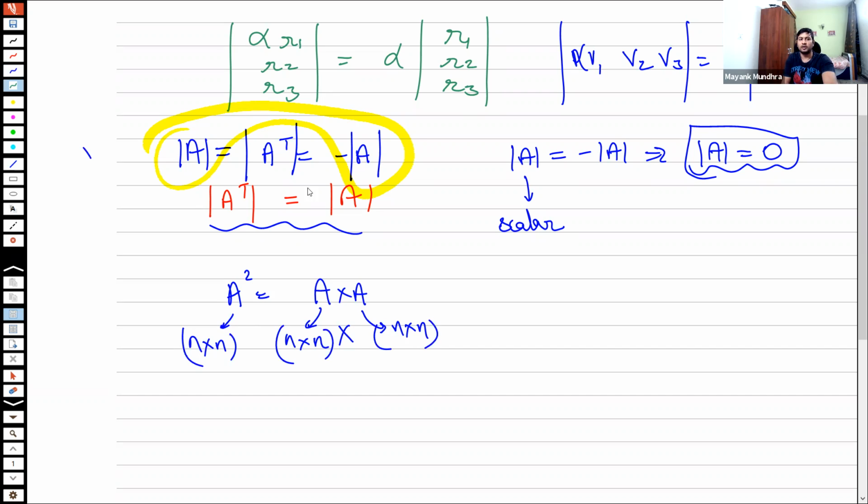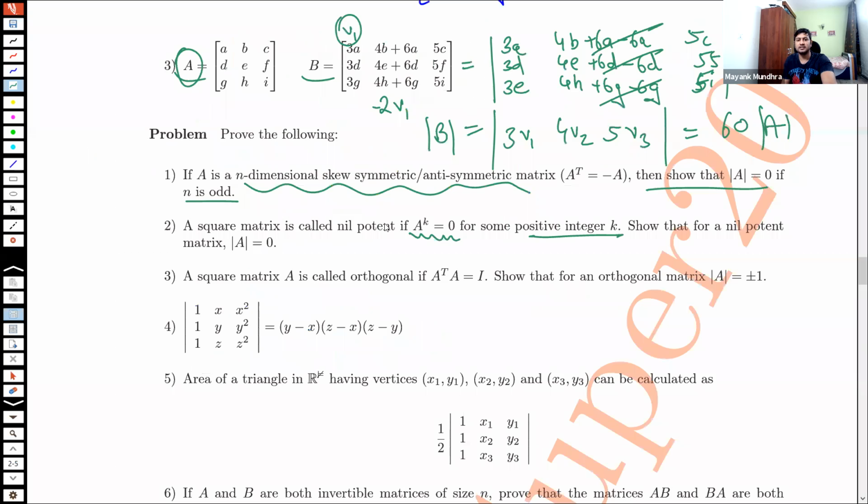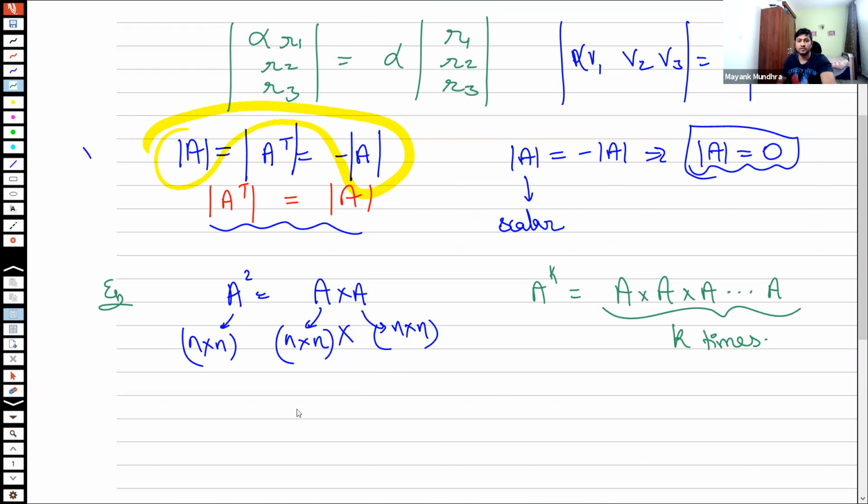Now, A to the power k for some natural number k is going to be A multiplied by A multiplied by A, k times. So what he's saying is that A to the power k is equal to 0 for some integer k. Then it's called a nilpotent matrix. A is not 0, A to the power k is 0. Then you have to show that for a nilpotent matrix, determinant A is equal to 0.